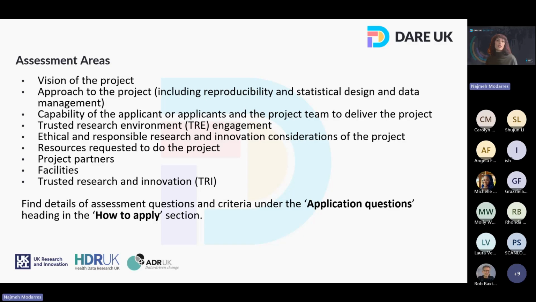And the trusted research and innovation section is very short. It's basically a pass or fail, so make sure you do that part as well. And this is all under application questions, under the heading of how to apply in the application.